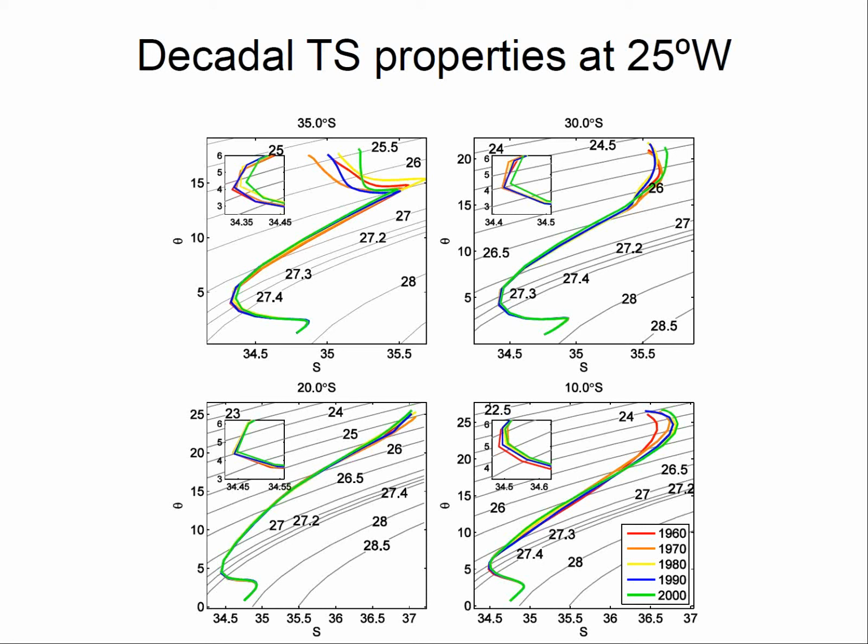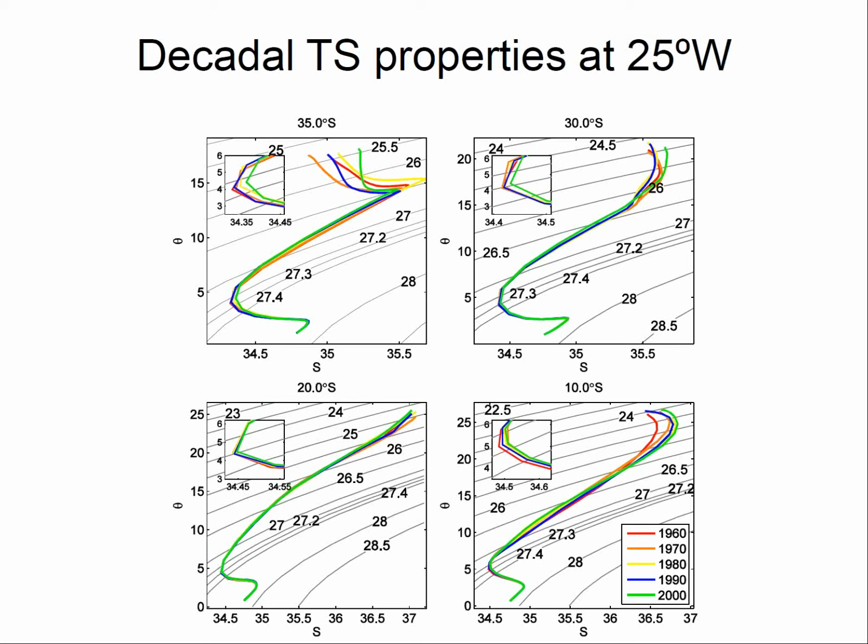And we see that at 35 south we see mostly an increase of salinity in all locations in the 2000s, the green one. So an increase of salinity. This is in agreement with other works that say there's an increase in the hydrological cycle in the ocean.